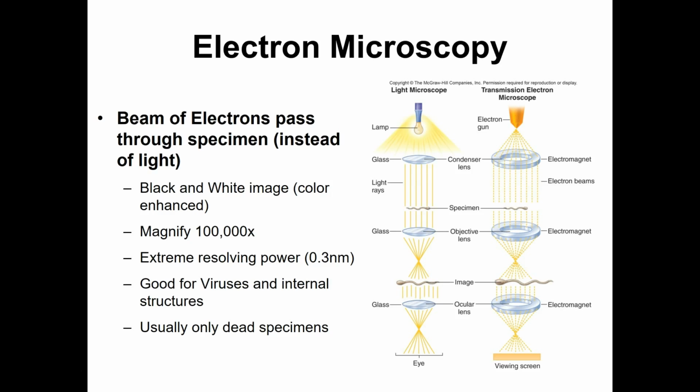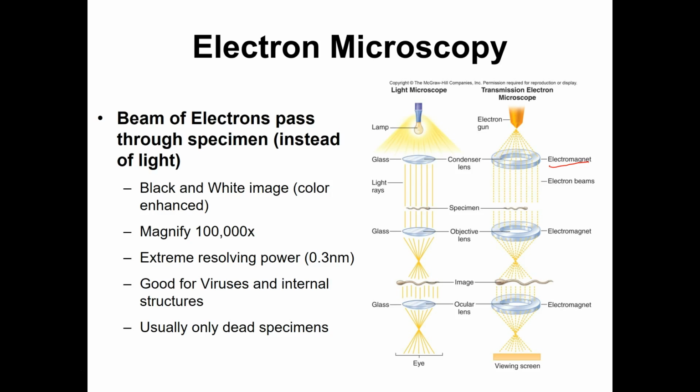So, following along the diagram. In our light microscopes, the light from the bulb is collected by a condenser lens. In an electron microscope, the electrons are collected by an electromagnet. It works just like a lens. It focuses the beam of electrons. In the light microscope, photons bounce off the specimen.